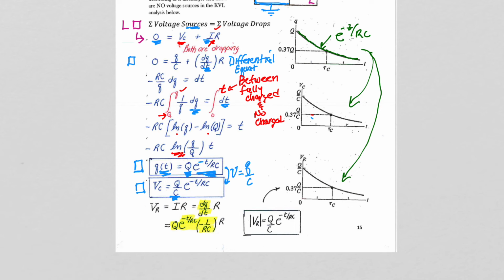And finally, we can calculate the voltage drop across the resistor by taking the derivative dq dt. So if we take our Q equation and we take the derivative of it, so take the derivative dq dt, we get the voltage across the resistor.